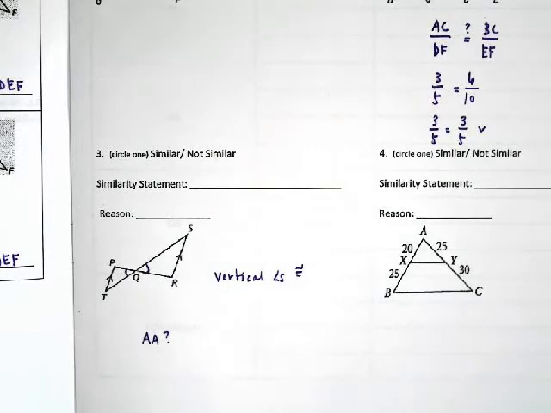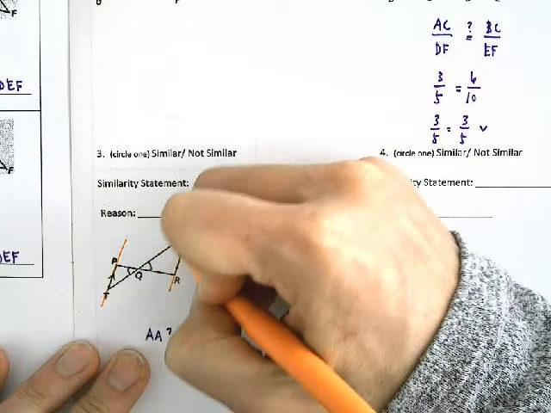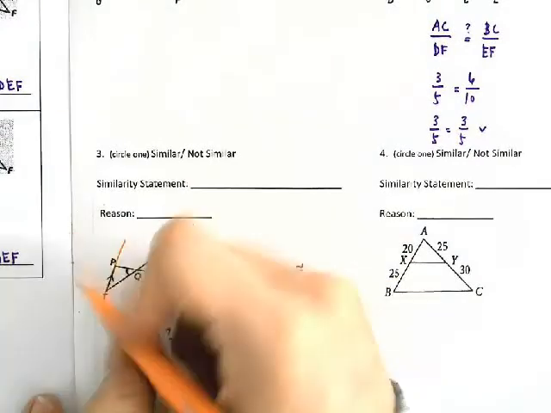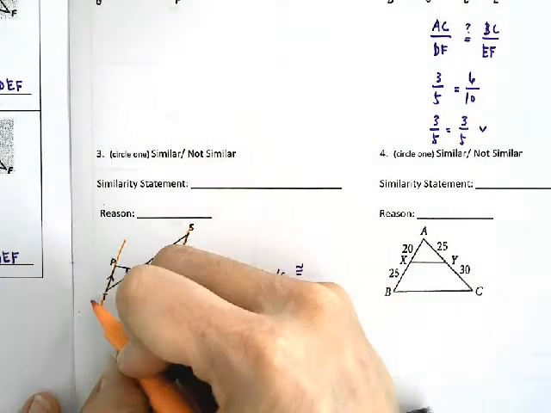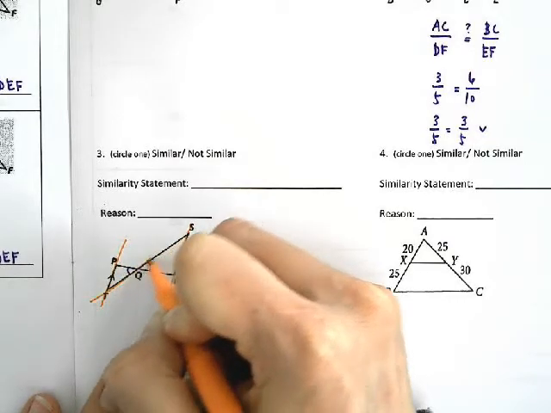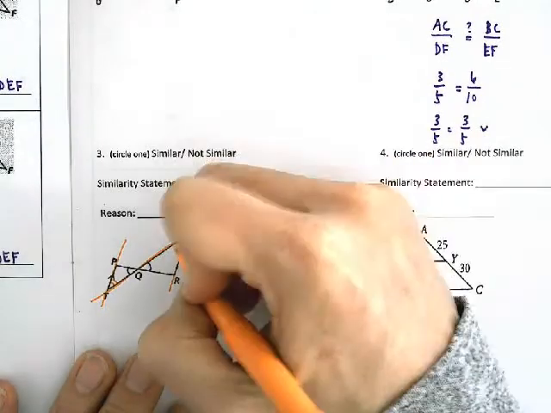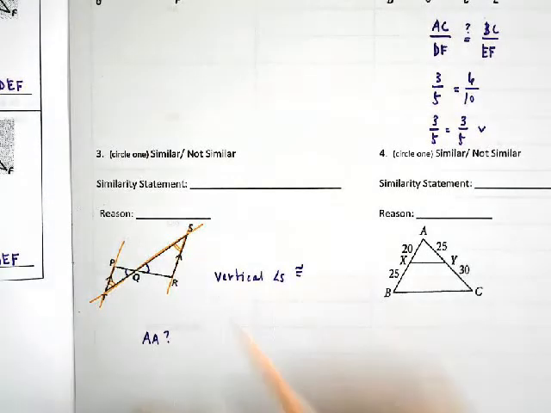Then what I notice here is I have parallel lines. So I'm going to extend these out. So this is parallel to this. So if I consider PT and SR are my parallel lines, and I can consider that TS is a transversal, then I know this angle here is congruent to this angle because those are alternate interior angles, right?